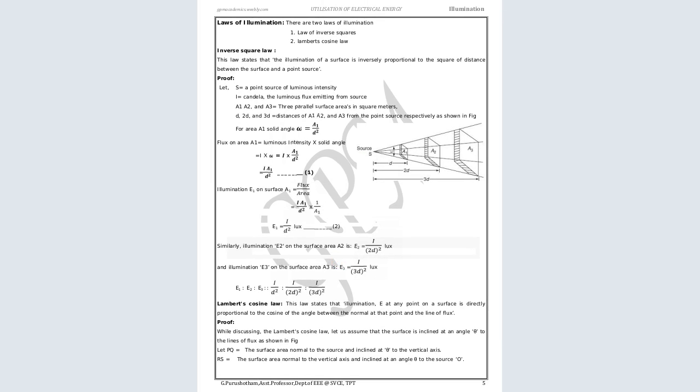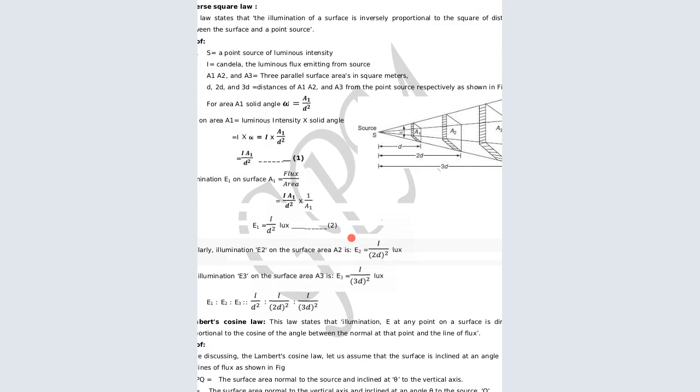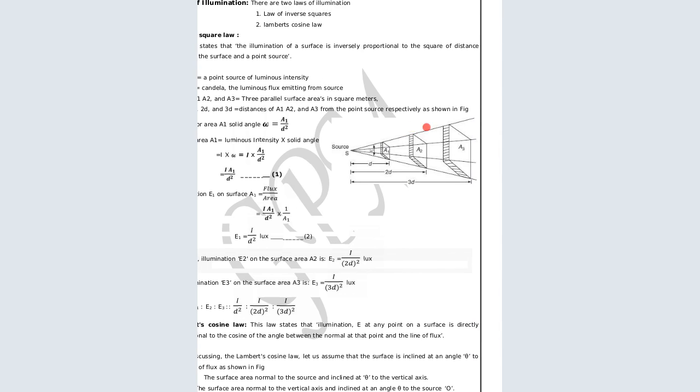There are two major laws of illumination, that is the law of inverse square and Lambert's cosine law. We start with the inverse square law. What it says is, this states that the illumination of a surface is inversely proportional to the square of the distance between the surface and the point of source.